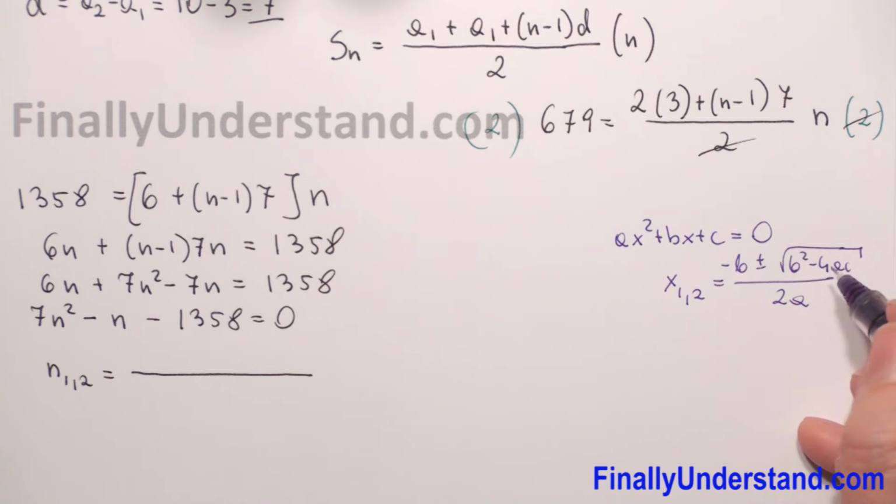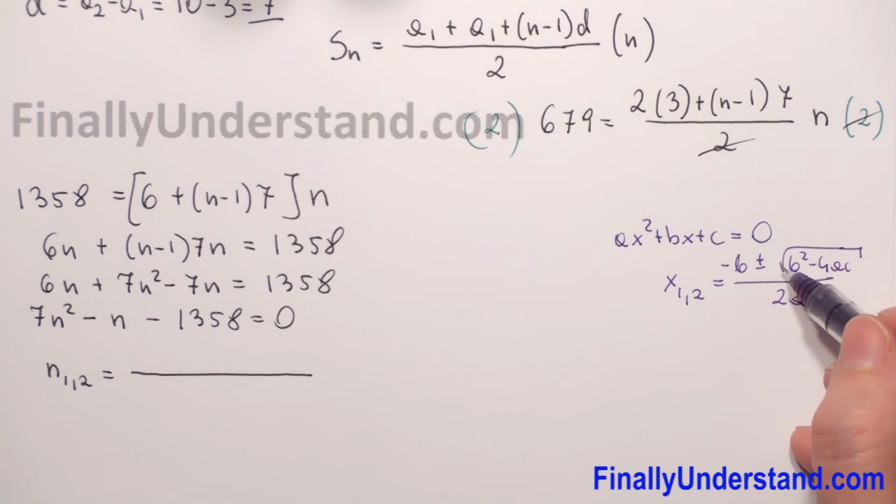We have two solutions when the expression under the square root is greater than 0. When it is 0, we will have only one. And when the expression under the square root is negative, we don't have a real solution.